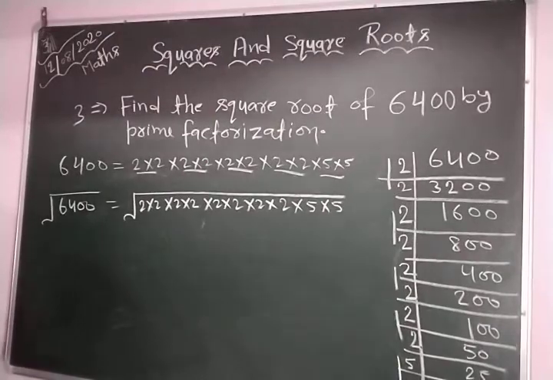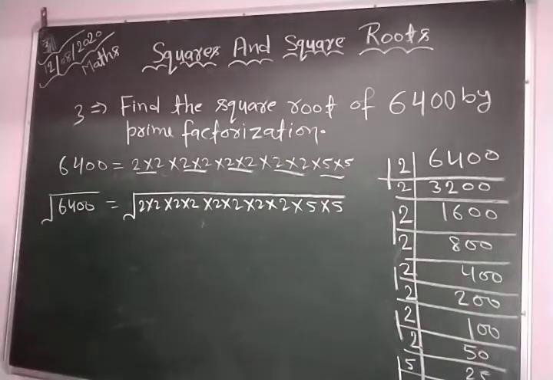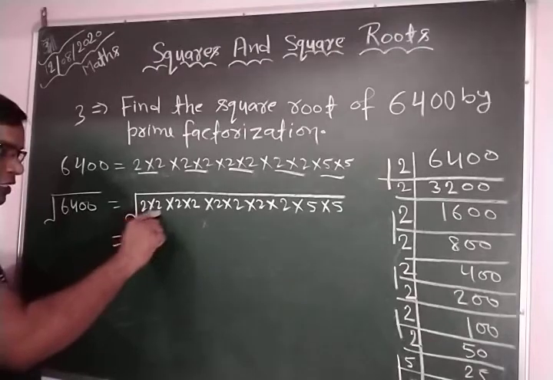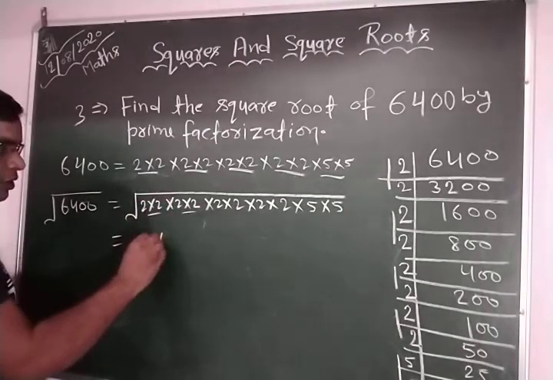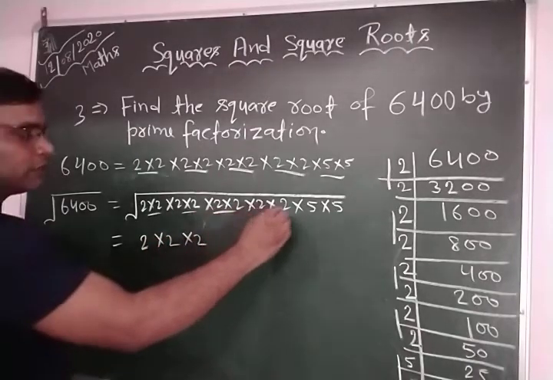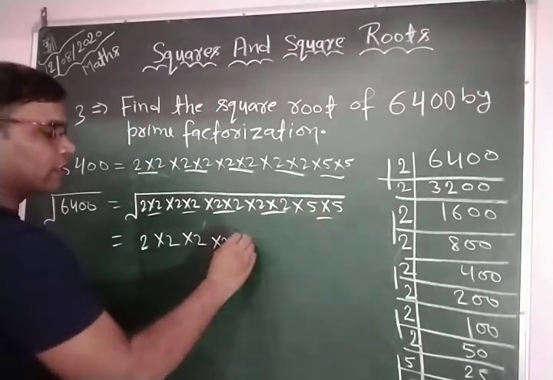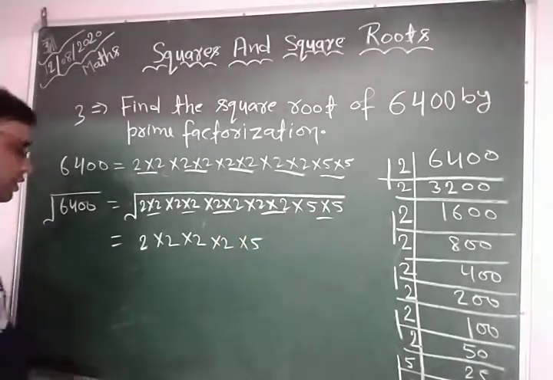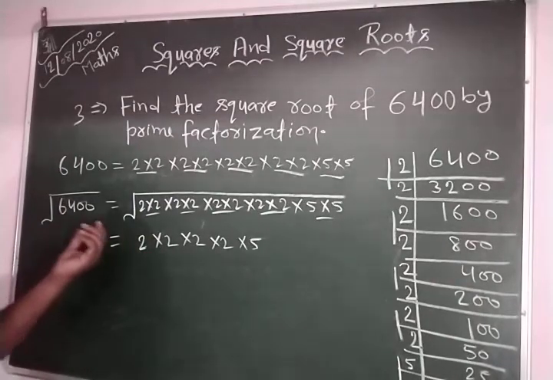Okay, so for the square root of this number we take one prime number from each pair. So in this pair we take 2, in this pair again 2, this pair 2, this pair 2, and this pair 5 into 5 we take 5.